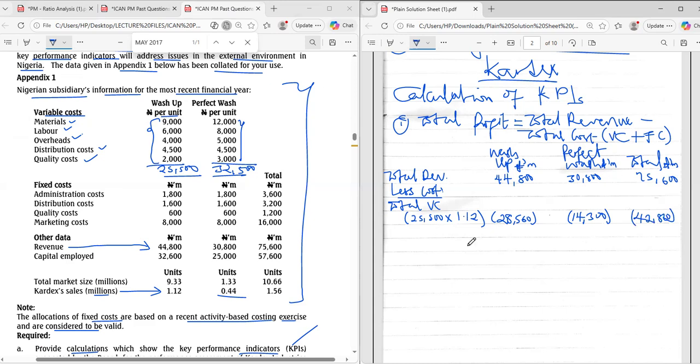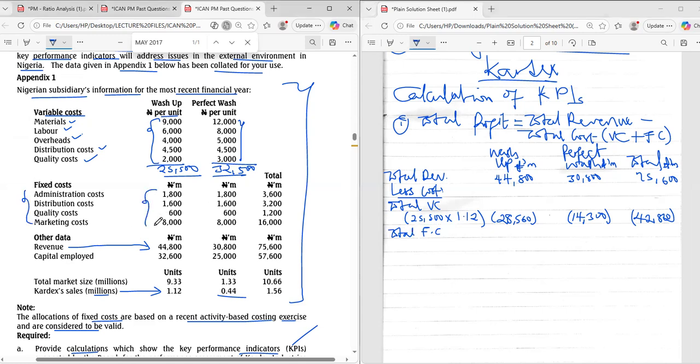All right. Thank you. So now let's move to the fixed costs. Total fixed costs. Can somebody add up here and here?